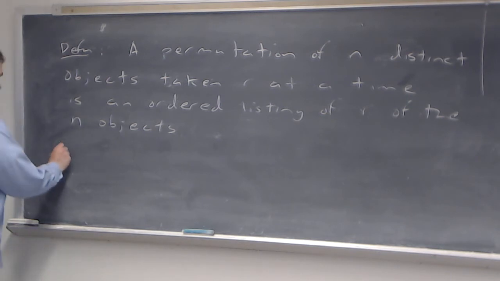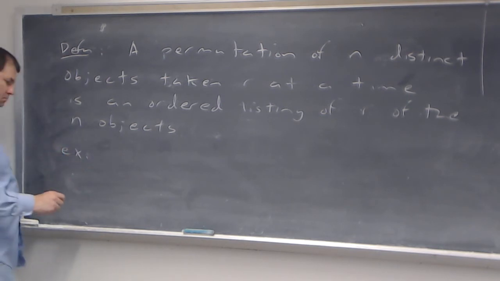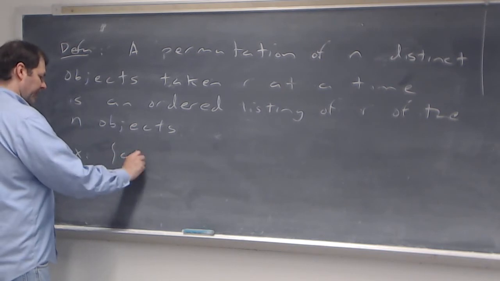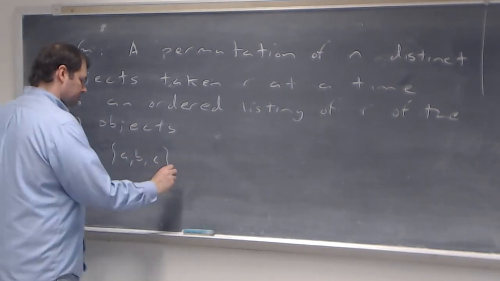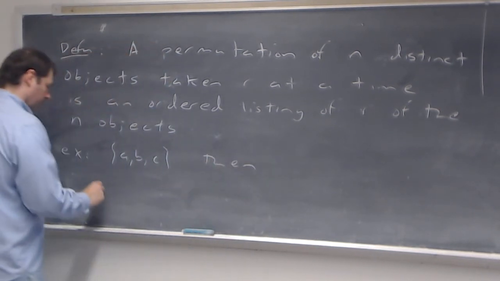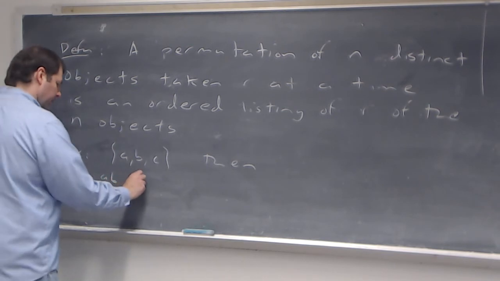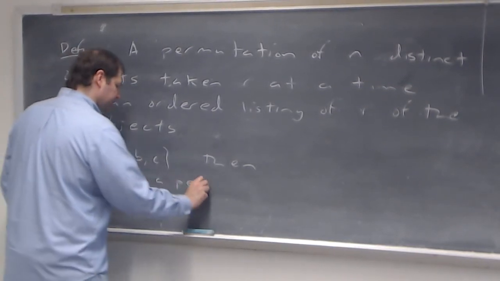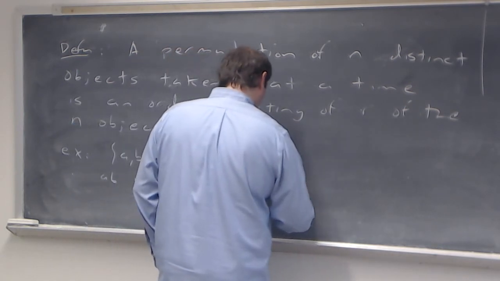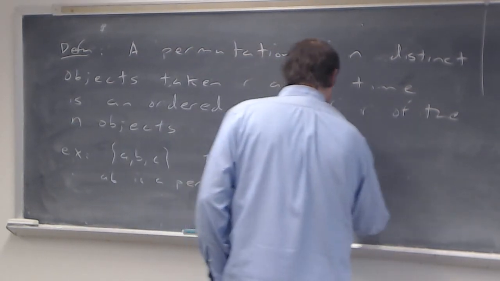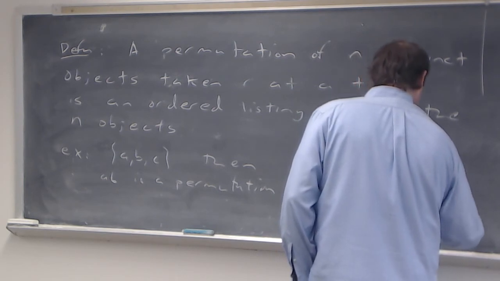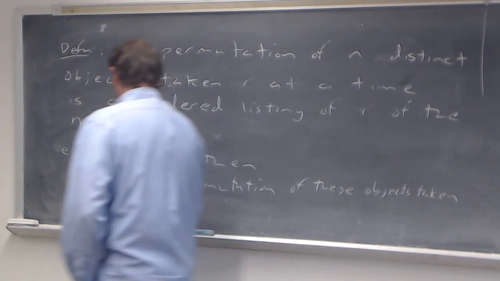So, as an example, if we have the collection of A, B, C, then AB is a permutation of these objects taken two at a time.